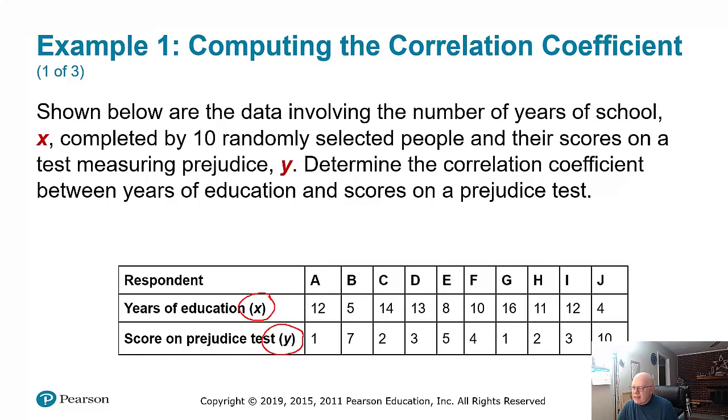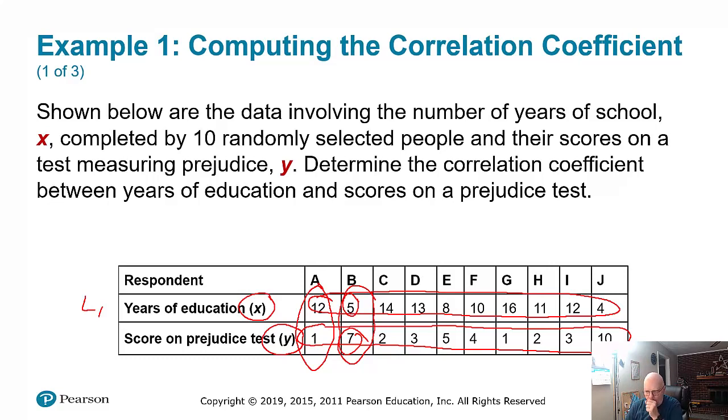When you're putting these in the calculator, not only do you have to make sure that all of these go in L1, for example, you have to make sure these are matched up. This 12 and this 1 are a pair. This 5 and this 7 are a pair. And don't mix them up. Don't put the 7 here and the 5 there. They have to go exactly where they show here.